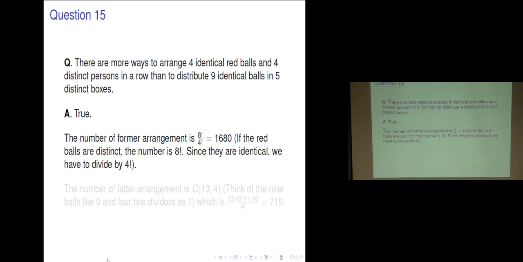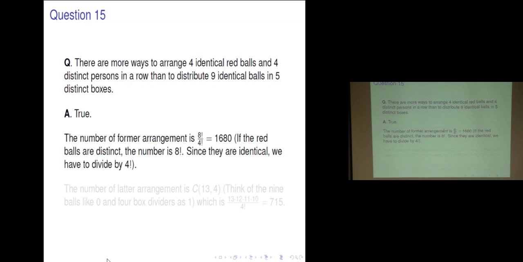What I'm going to do is this: if we temporarily assume the red balls are distinct, then there are 8 factorial ways to arrange them on a line. But the balls are identical, so there are 4 factorial arrangements that are actually the same.